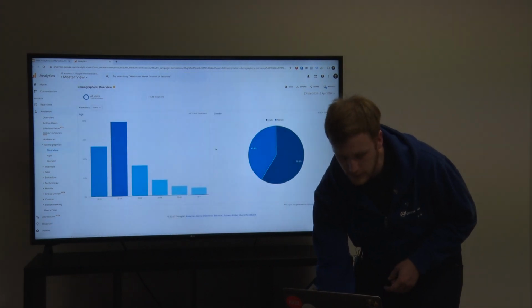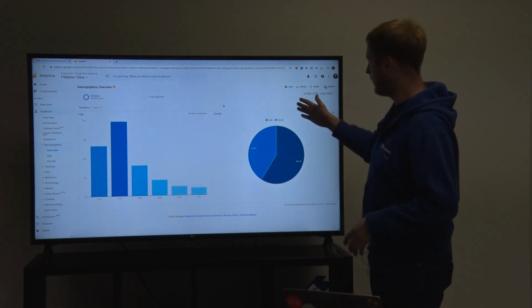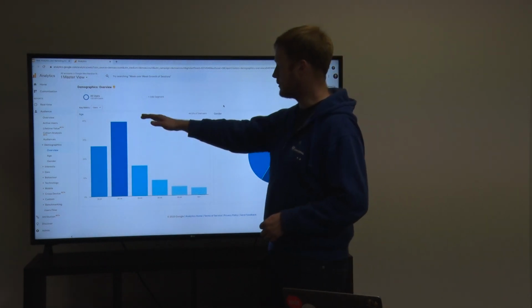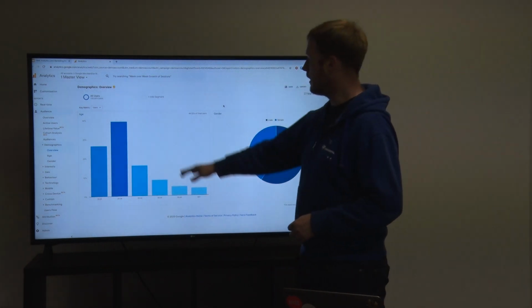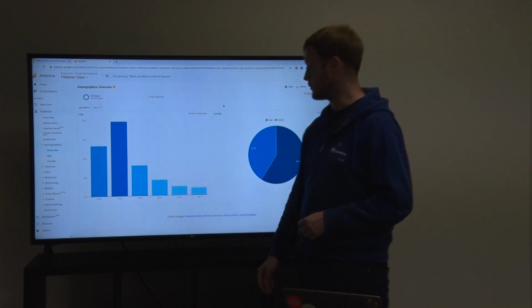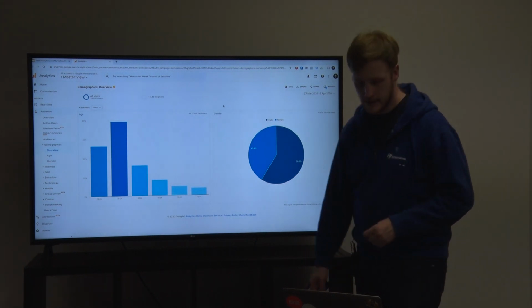I can take the overview report, which gives me very broadly the split of male versus female and also the age group. So I can see that almost 40% of my visitors are from the age group of 25 to 34. Almost 60% of the visitors are male.